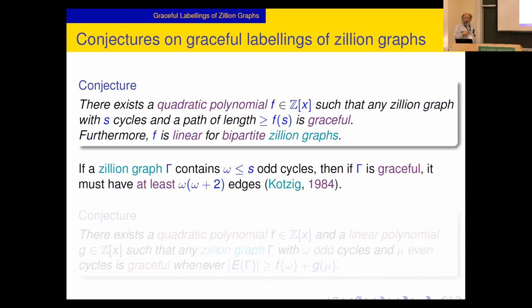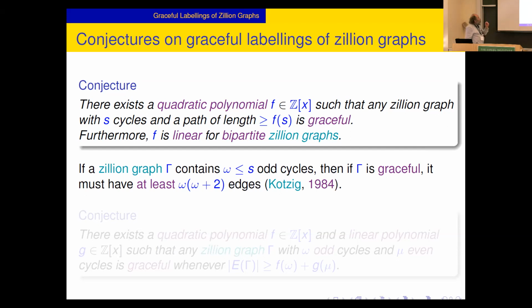And another reason we think this might be true is that Kotzig in 84, well, he didn't actually show this, but his proof is very easy to modify to show this, that if you've got some number omega of odd cycles, then it must have at least omega plus 2, so quadratic in omega, in order to be graceful.